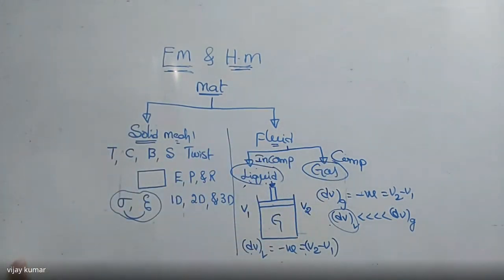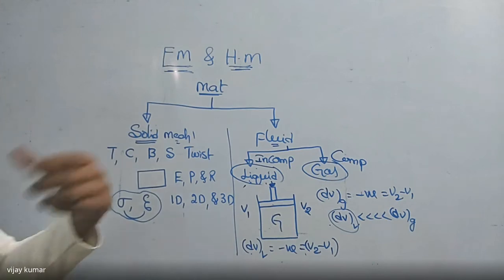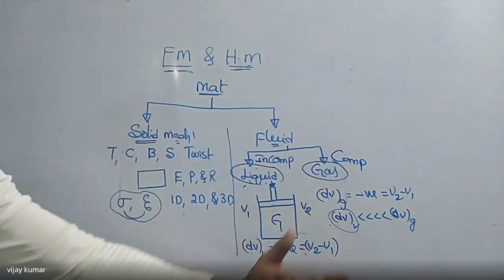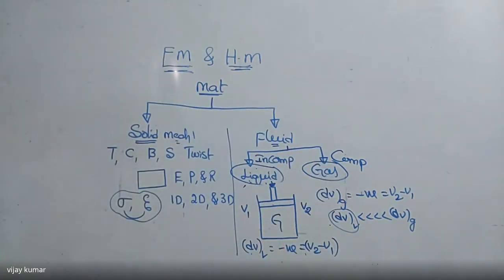That is, we are going to analyze the pressure, velocity, force, work, power, and efficiency of liquids as well as gases. We are going to discuss that now. First of all, I'm going to explain the analysis of incompressible fluid. Before going to analyze the liquids and gases, I'm going to give you some basics.